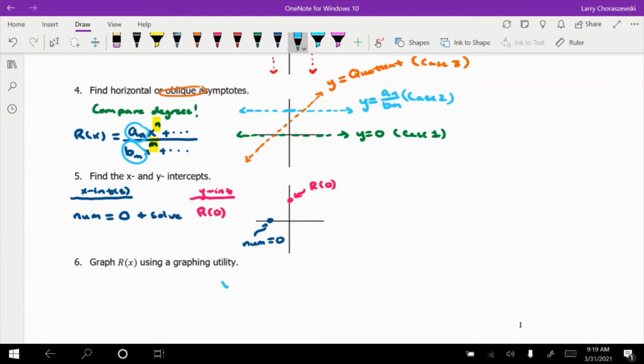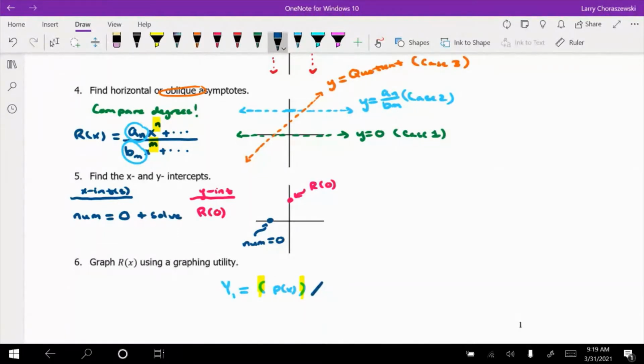And here's a tip as to how we'll want to enter our rational functions into the graphing calculator. You want to surround the numerator in parentheses. So let's say that the numerator is indicated by p of x, which is a polynomial. So this extra set of parentheses is critical.